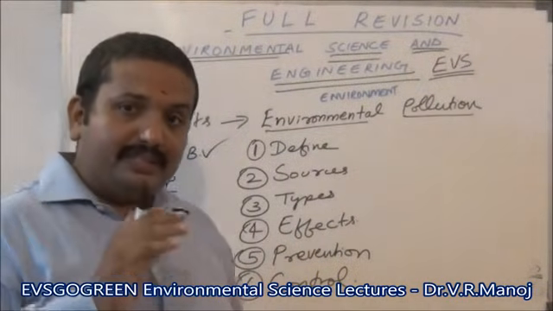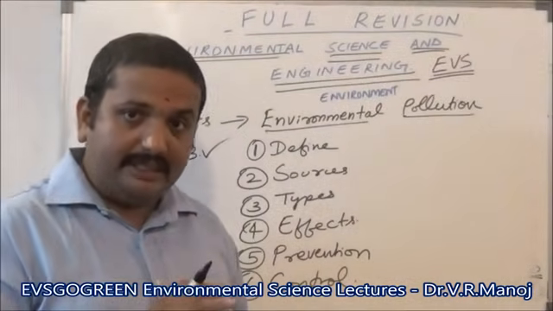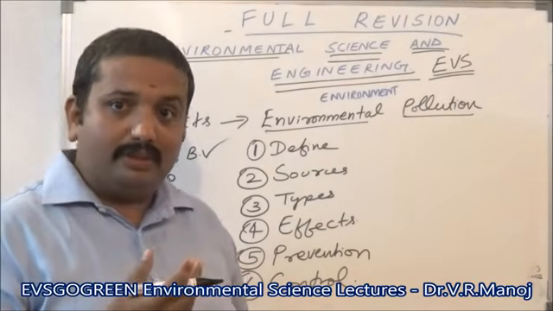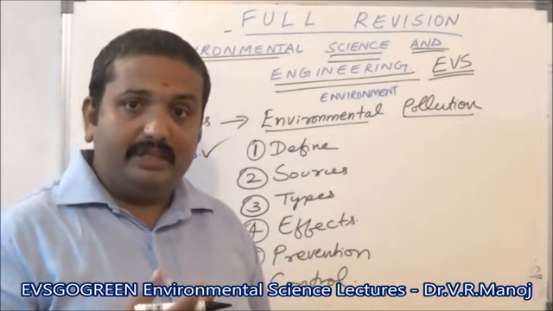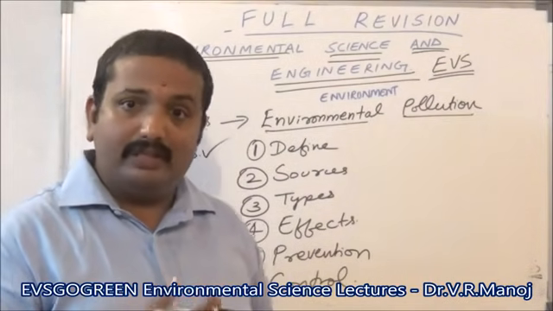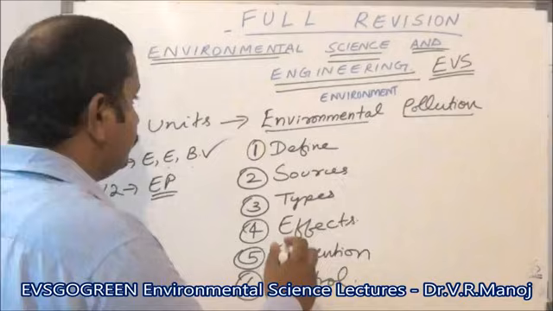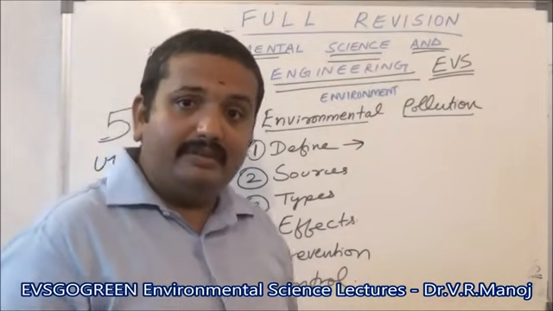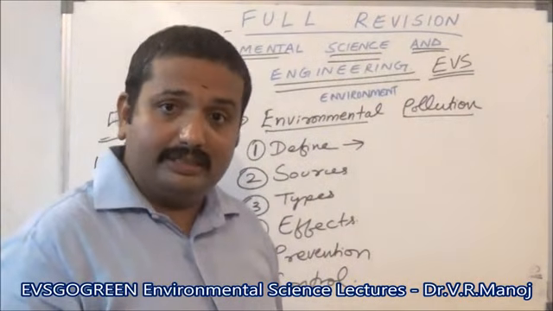Now I will be giving you just the basic methods of revision here. For a detailed look into the unit, you are always welcome to watch the detailed video lecture on Unit 2 on environmental pollution. Okay. Now, the definition is the same for every kind of environmental pollution regardless of what it is.